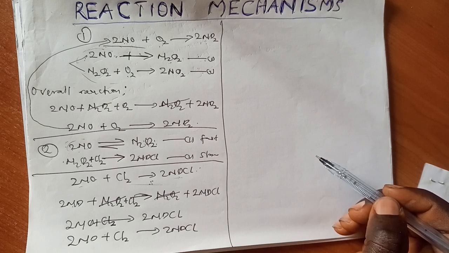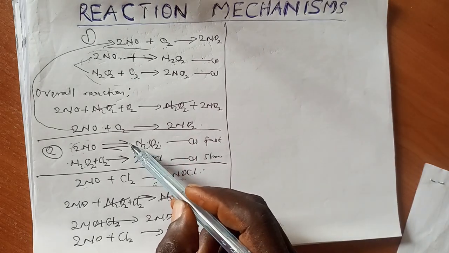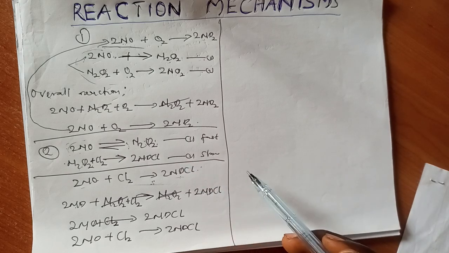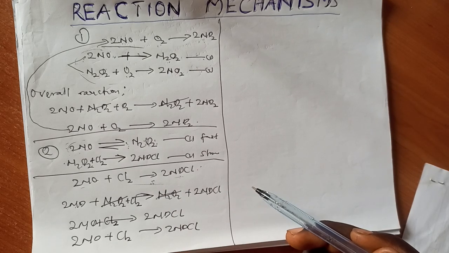And then it also means that if the fast process or the slow process is not given to you, and they just say step 1 and step 2, and you see a reversible reaction in one of them, as you have here, that should quickly tell you that it will be a fast process in most cases, and that the other one will be a slow process.